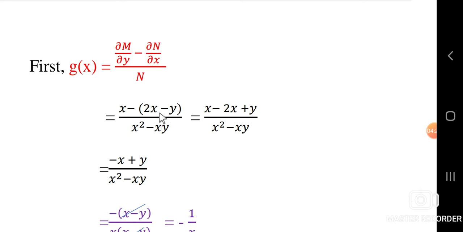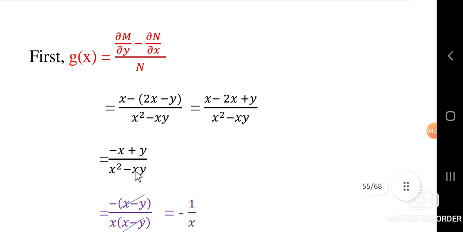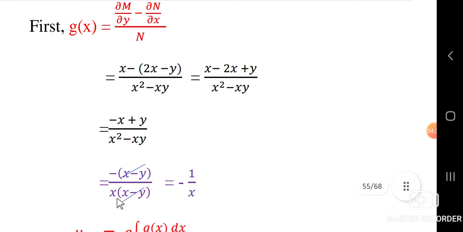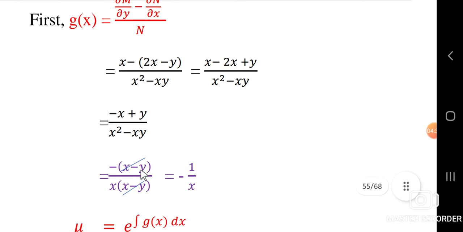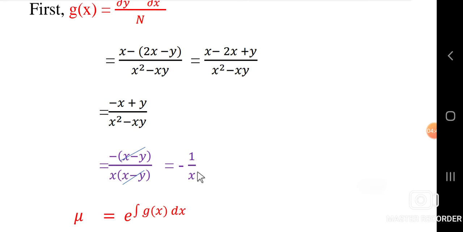So x minus 2x plus y, so bring this minus. Taking minus outside from the numerator and taking x from the denominator, we cancel the factor x minus y on both numerator and denominator, and get minus 1 by x. This is the value for g of x.